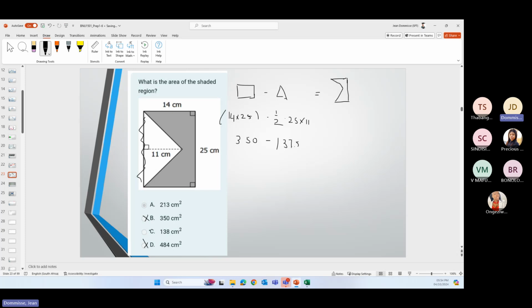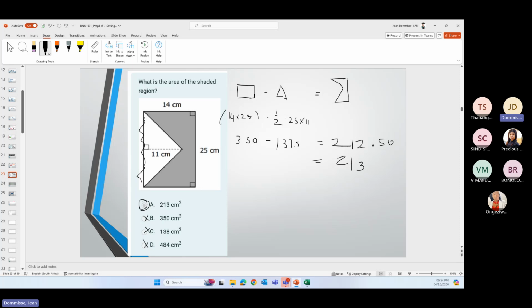So that is that one. And then if you subtract the two, we will get our final answer as 212.50. And then we can round that off to 213, which is option A.